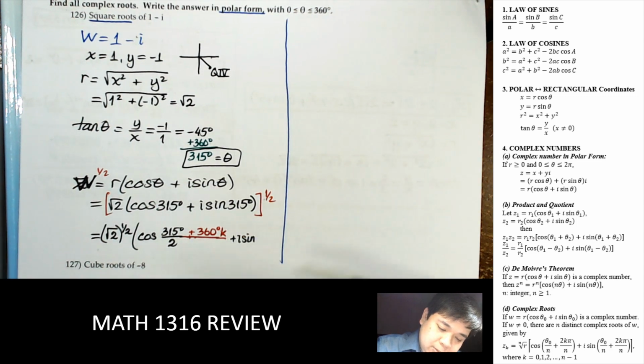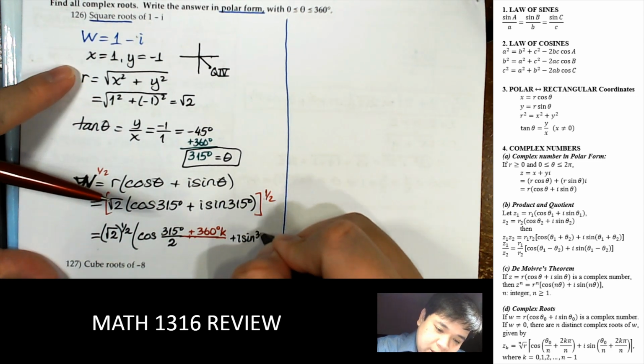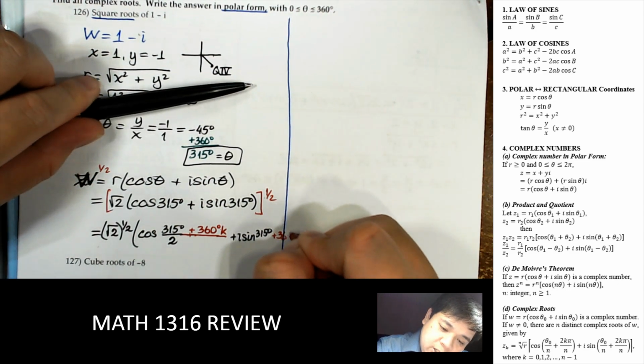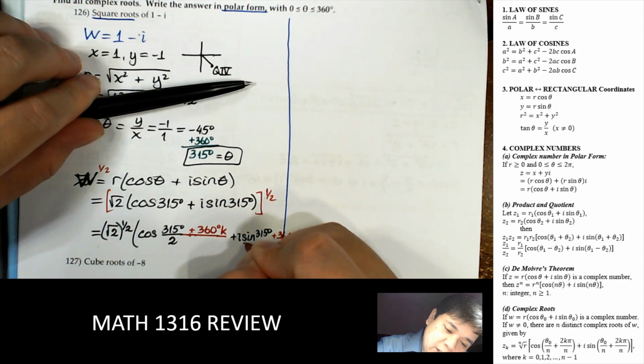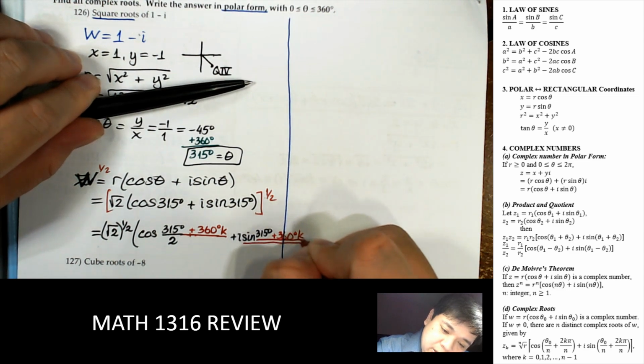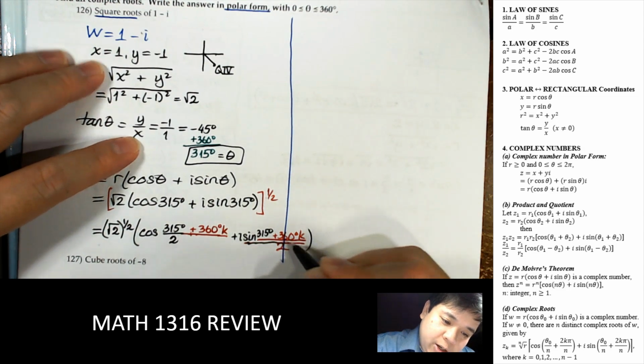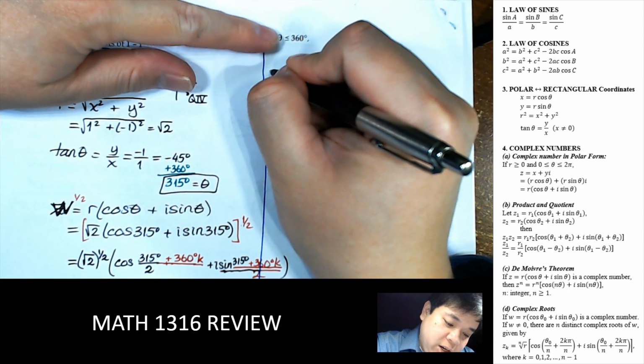Sine of 315 plus a multiple of 360k, divided by 2. Sorry, a bit messy there, but let's write again.